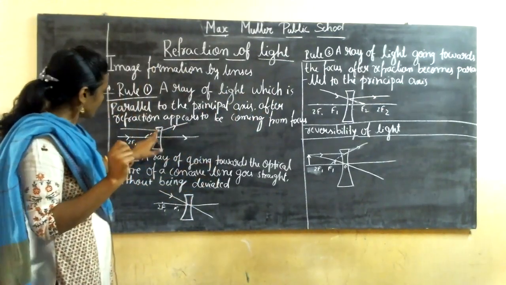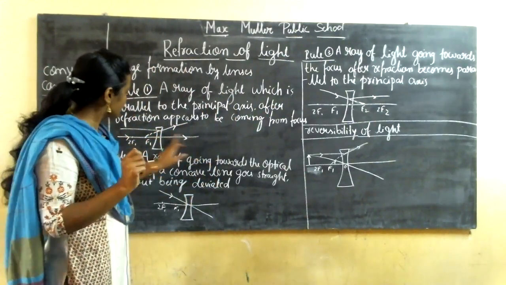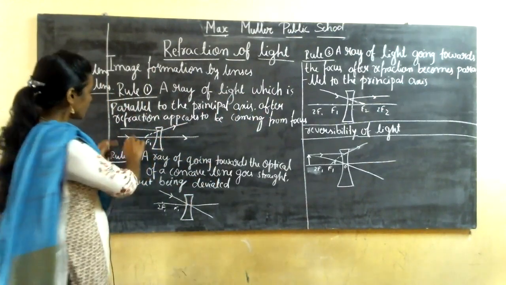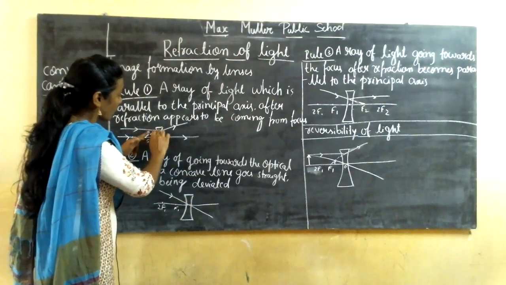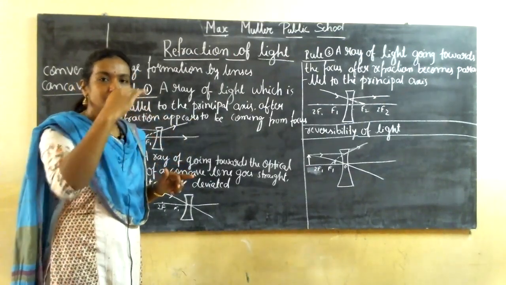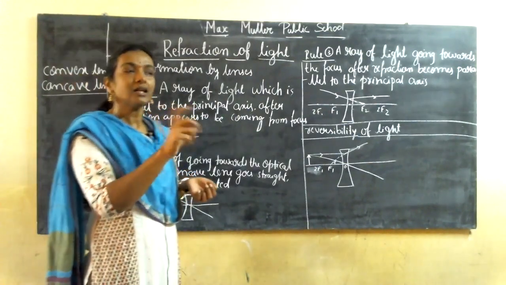So this is our concave lens that I drew here, and this is the principal axis, and this is the optical center, and these are the foci. Clear? So when the incident ray comes, it is parallel to the principal axis, and then it refracts.